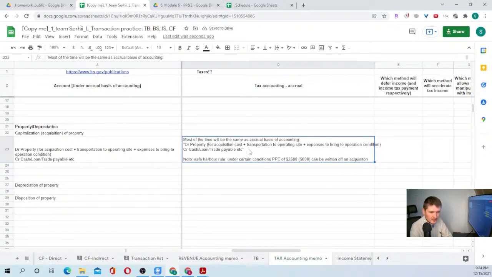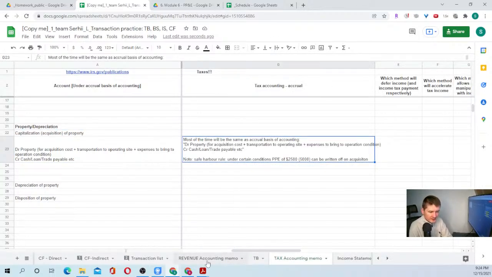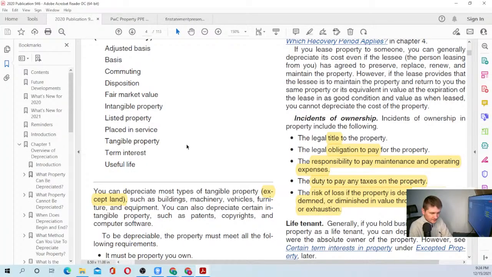So there is a provision about safe harbor in the tax code, which allows you, if PP&E are below a certain threshold, which is 2,500 if you are not audited, and 5,000 if you are audited, to expense in the tax accounts those PP&E the moment you bought them. But there are certain limitations on that. So generally, capitalization is about the same as for PP&E. Let's take a further look.